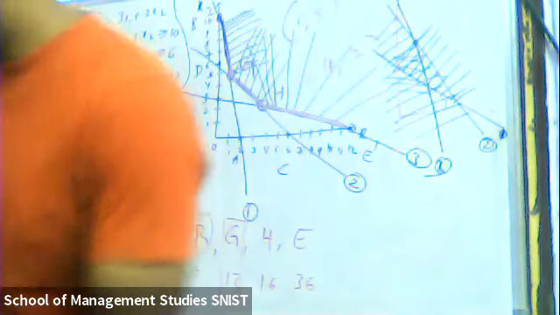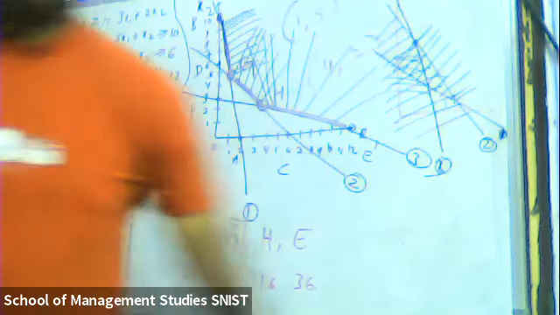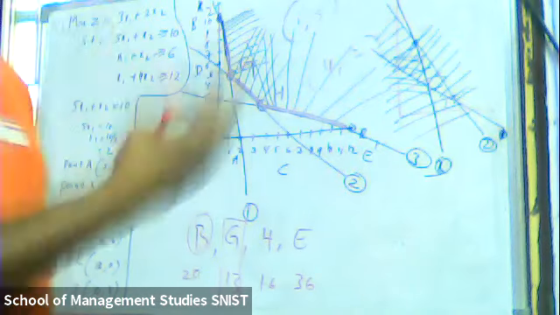Yes, sir. So as of now, we solved problems based on the graphical method. If it is a maximization function, then the constraint should be less than or equal to, and when you draw the graph, it is towards the origin.